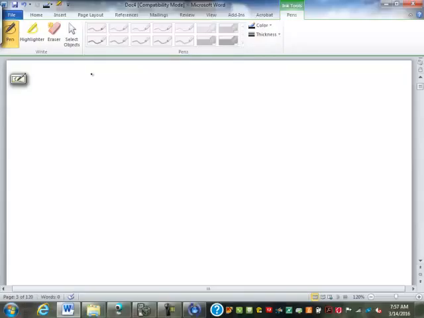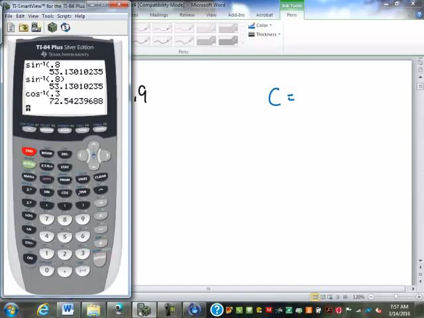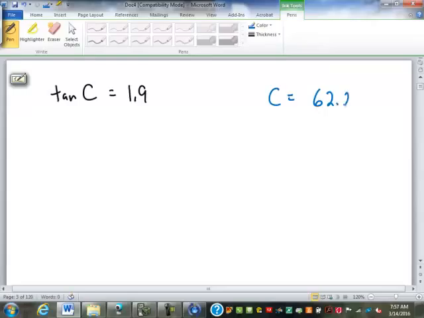If I'm going from degrees, minutes, seconds into decimal degrees, then I go 4 decimal places on the angles. If I tell you the tangent of angle C equals 1.9, angle C is going to be 62.24. Very good. Everybody get those last 3 to work?